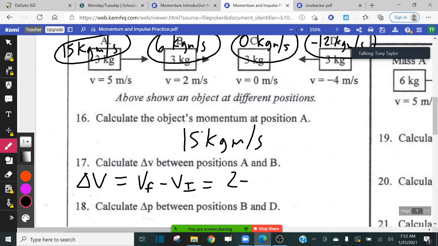When it's at position A, it has a velocity of 5 meters per second. So the change in velocity, 2 minus 5, is just negative 3 meters per second.